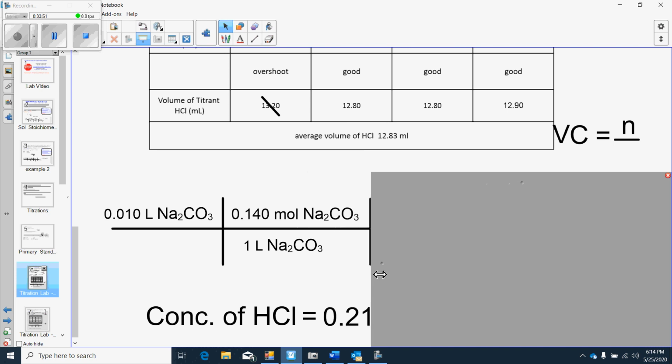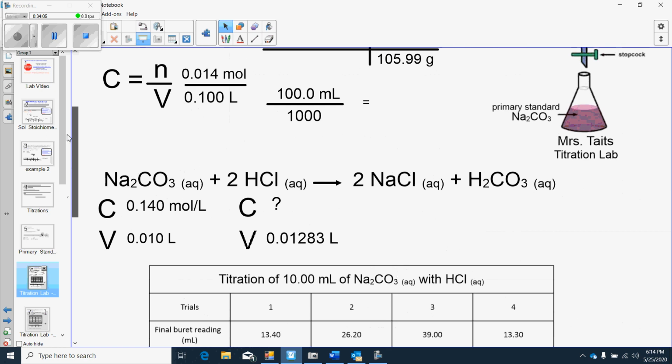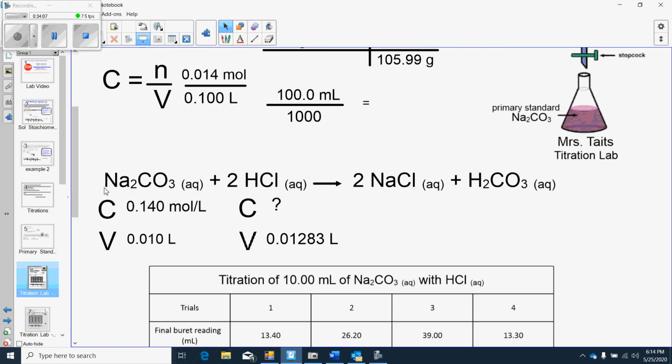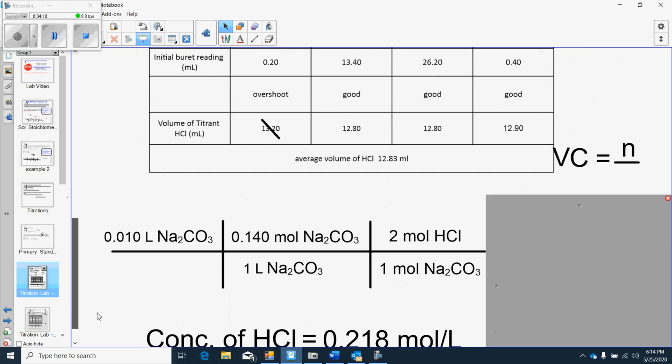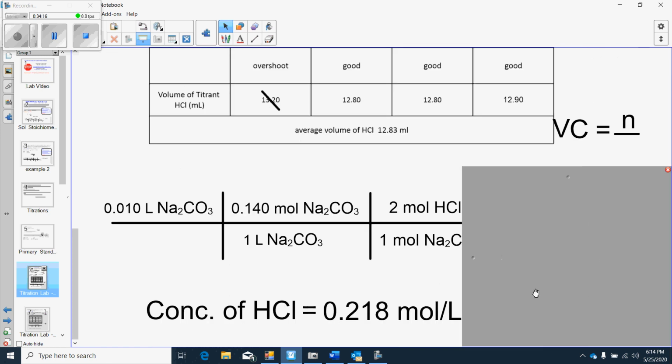Okay, we're not going to get an answer yet, but we've got our concentration in moles. Then we do our other moles, concentration, moles, moles. So it's our mole to mole ratio, our given substance on the bottom, our required substance on the top. These come from the coefficients of the reaction, right? See, 2HCl, 1Na2CO3.